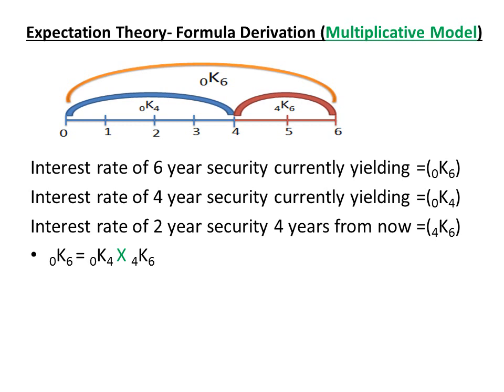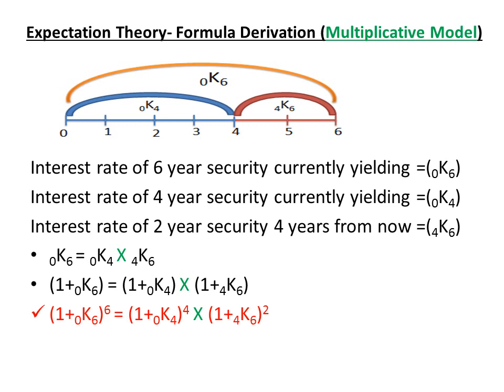In the additive model before, there is addition, but here 0K4 into 4K6, both variables are multiplied. So this is the multiplicative model. Have a look. 1 plus 0K6 equals 1 plus 0K4 into 1 plus 4K6. In all variables you have to add the value 1.